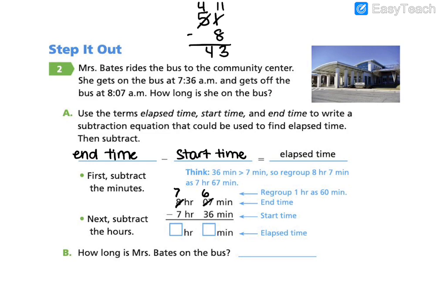So now we're looking at 67 minutes minus 36. When we subtract, we find that 67 minus 36 is equal to 31. And there are no hours remaining. So Mrs. Bates is on the bus for 31 minutes.